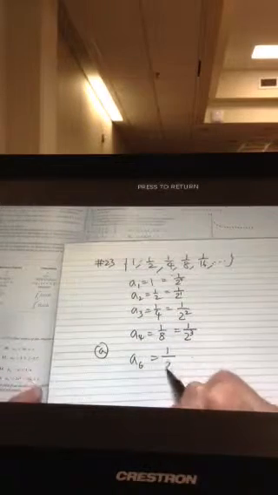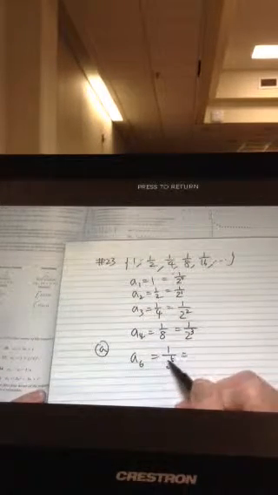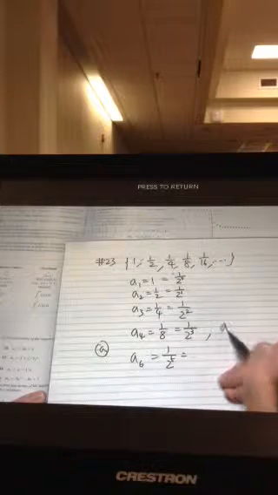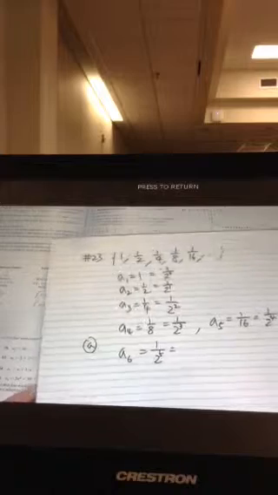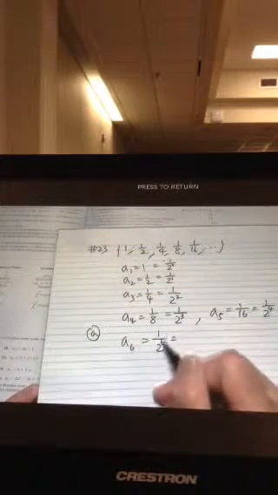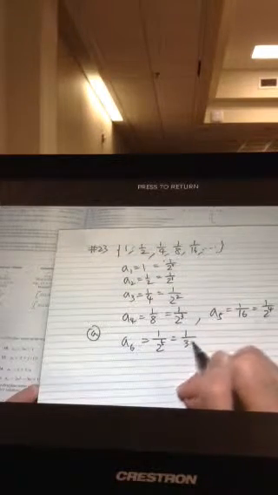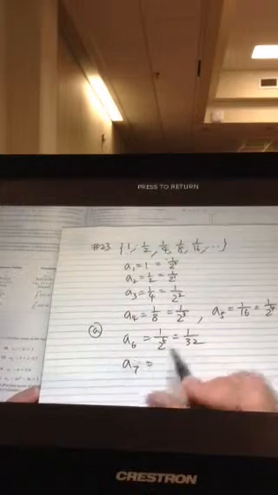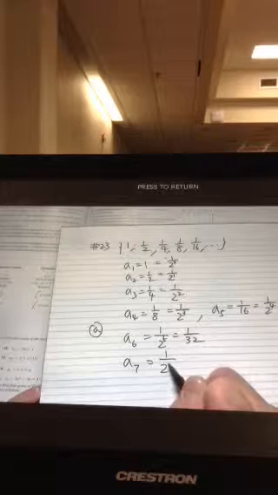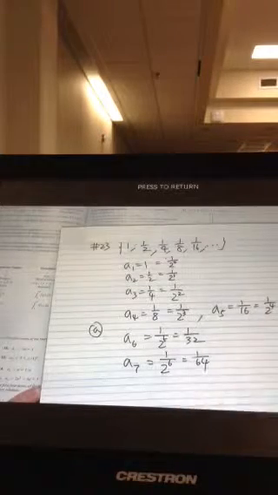The next one is what? 1/2 to the 5, because a5 is 1/16, which is 1/2 to the 4. So a6 is 1/2 to the 5, 1/32. The next 2 terms are 1/32 and 1/2 to the 6, 1/64. Okay?